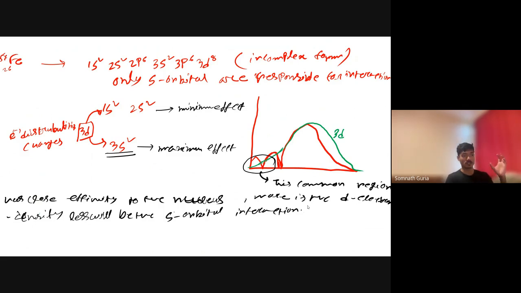Okay, so the higher the d electron density, the higher the shielding on the inner s orbital, and then the psi 0 squared value will be less, and that will be in the more positive direction.